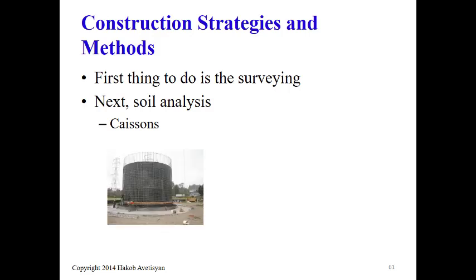Now, this is a picture of a caisson. It's a circular structure where you see the rebars, the metallic part, that is shelled from the interior side and the exterior side and then filled with concrete.